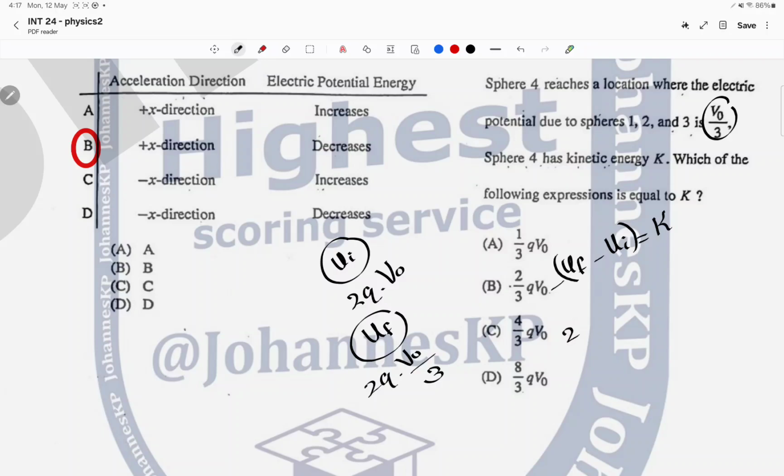So we're going to do 2Q VO over 3 minus 2Q VO. It's like saying 2/3 minus 6/3. That's negative 4/3 QVO. So choice C.